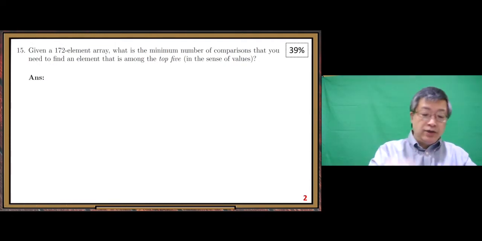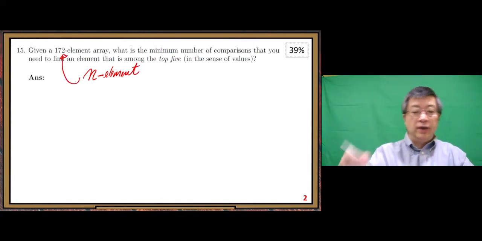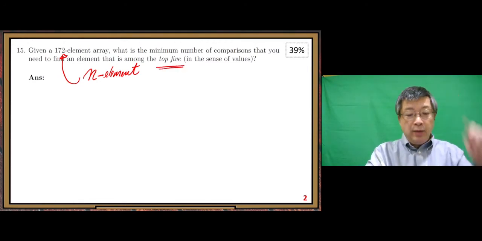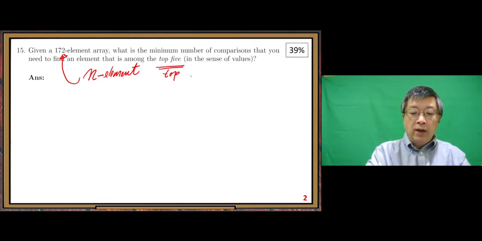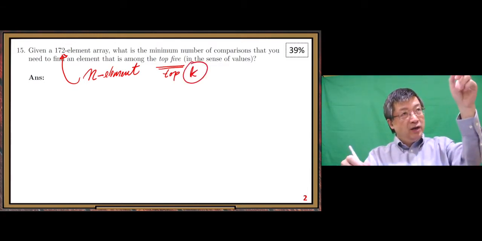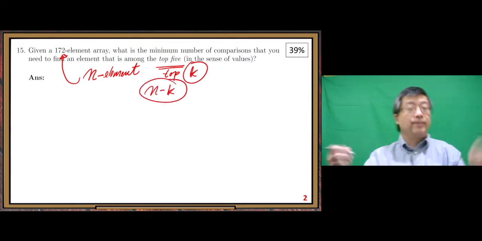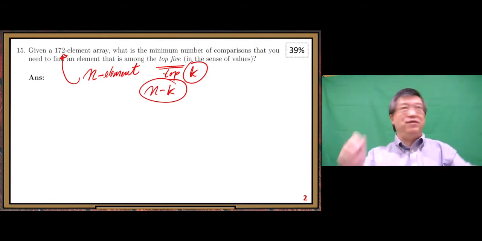We have an n element array, where n corresponds to 172. Now we want to find one element among the top k elements. The formula for the minimum number of comparisons is n minus k.